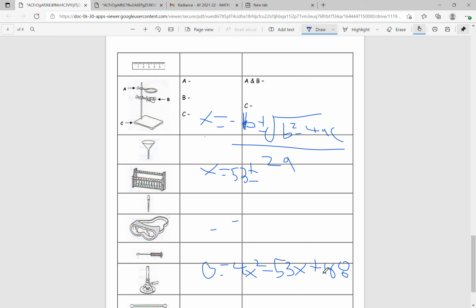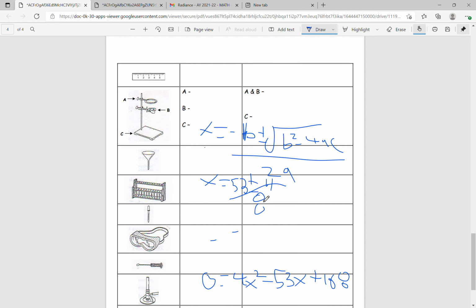And when we do that arithmetic, we get x equals 53 plus or minus 11, divided by 8. Then we need to break it up. We get x equals 53 plus 11 divided by 8, which is 64 over 8, sorry, 64 over 8, which is equal to 8.